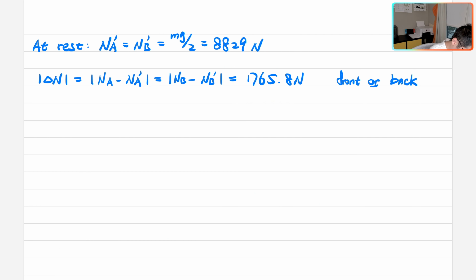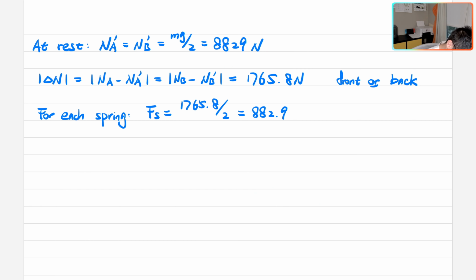Now, for each spring, your Fs, the force on the spring, is 1765.8 divided by 2 again, 882.9 Newton. Remember, you have 2 wheels per set of the spring.